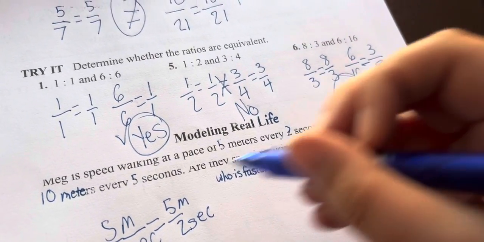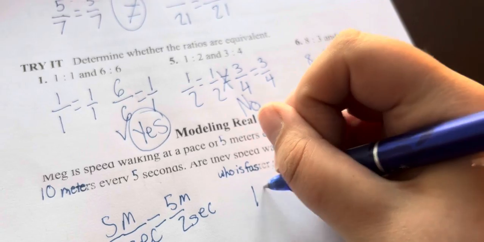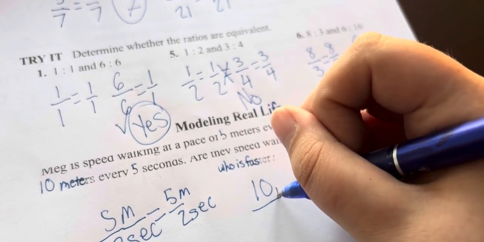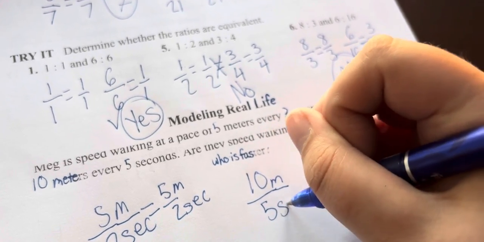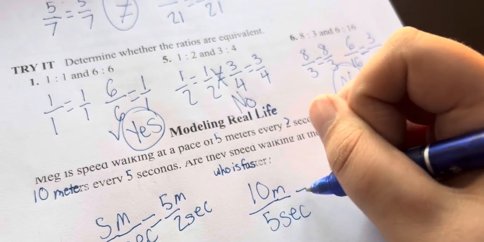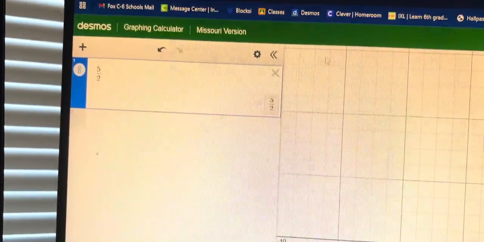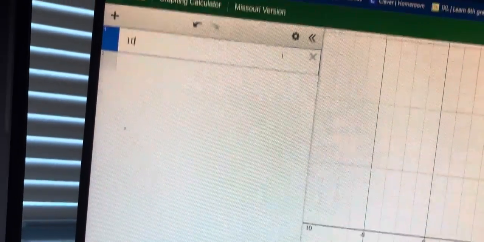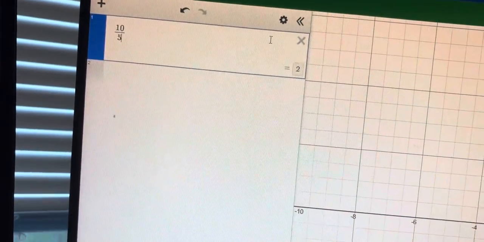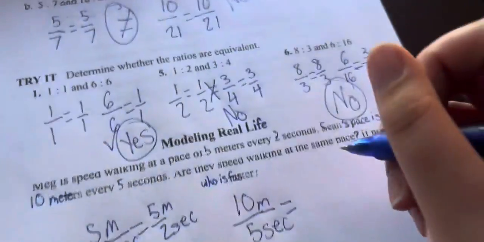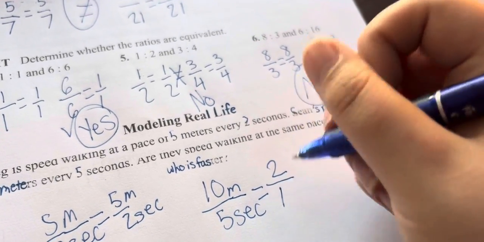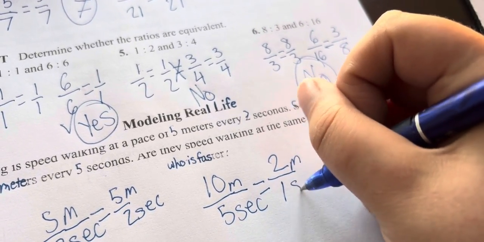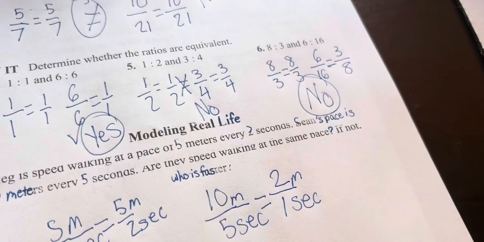And then I've got Sean's pace, which is 10 meters every 5 seconds. Bam, let's type that one in. 10 meters every 5 seconds. That gives me 2. And any whole number has a 1 underneath it. So that's 2 meters every 1 second. Okay?